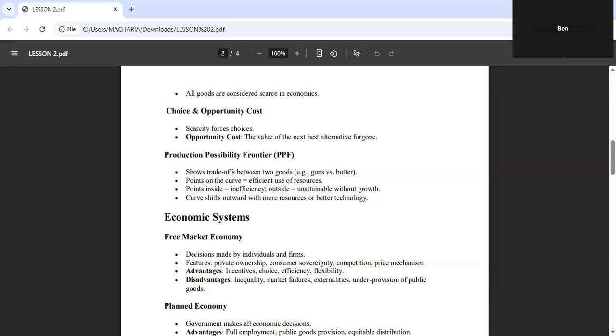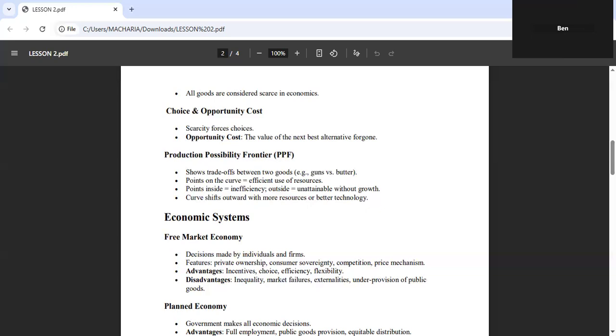So there will be a trade-off between food and guns. Then when you plot a graph of purchases of food and guns, it will give you a curve. And the points on the curve equal efficient use of resources.